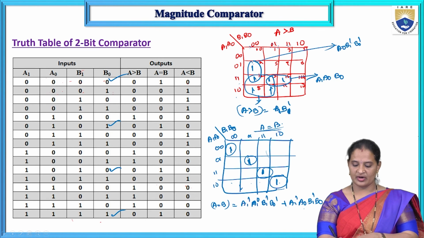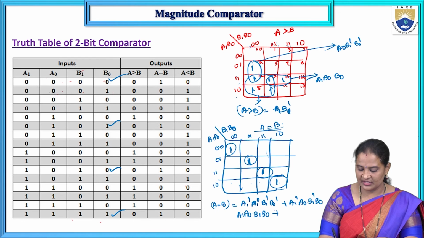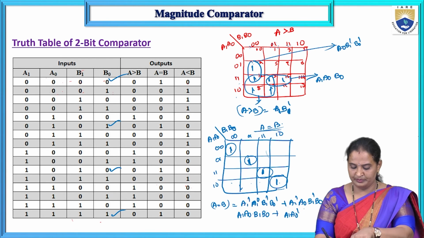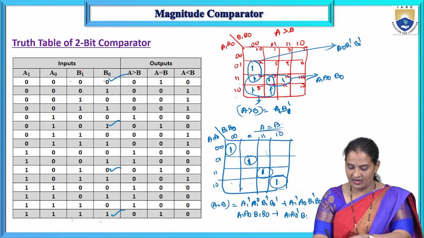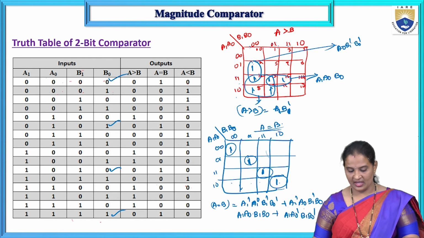Like that, we have to write down all the equations. And for this one, A1 A0, B1 B0, plus, for this one, A1 A0 complement, and then B1 B0 complement. Right? So this is the equation for A equal to B.